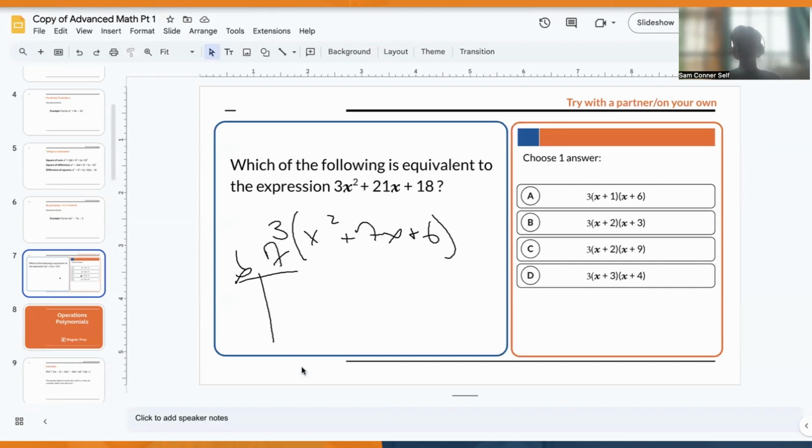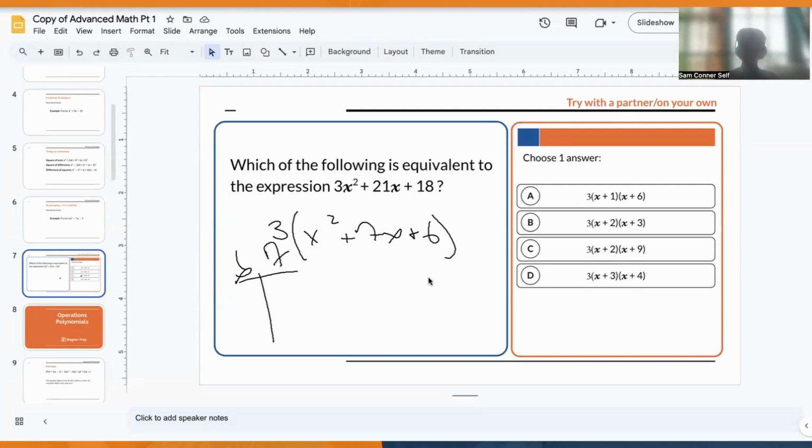You are welcome to write this out, obviously, if you feel like you need to, or if you have 2 terms that have a lot of factoring options. But the fastest way to do it is just going to be in your head. So I know that the only 2 factors of 6 that add up to 7 are going to be 6 and 1.